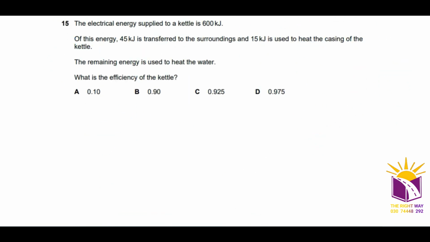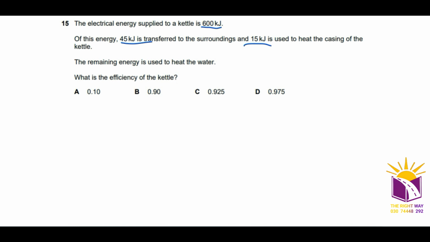Question number 15. The electrical energy supplied to a kettle is 600 kilojoule. So it is the applied supply, the input energy. Of this energy, 45 kilojoule is transferred to the surrounding and 15 kilojoule is used to heat the casing of the kettle. So these are the losses. The remaining energy is used to heat the water. What is the efficiency?